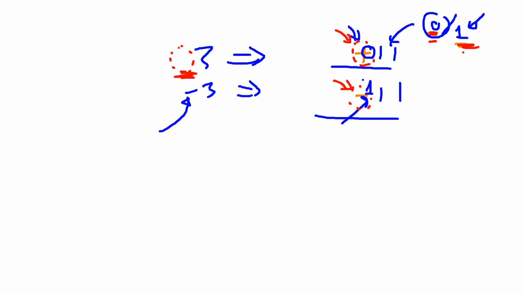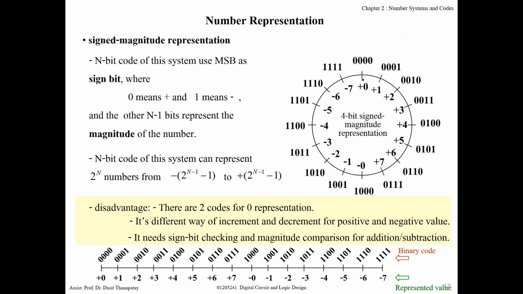Then the MSB in this sign magnitude representation, the most left digit, is used as the sign bit. If the MSB is 0, that means this number is positive.